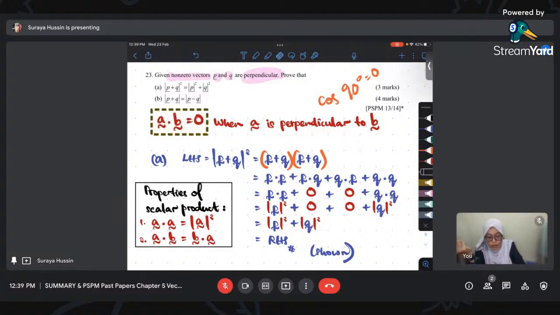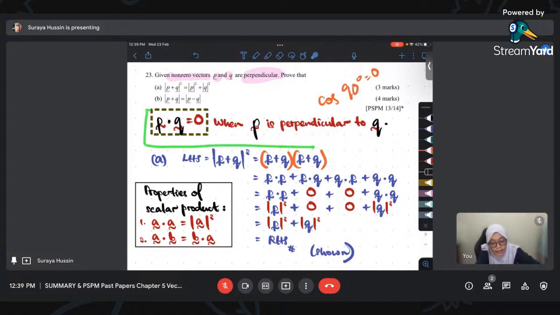So when P vector is perpendicular to Q vector, I will put P dot Q is equals to 0. Okay, that is our understanding tentang scalar product.